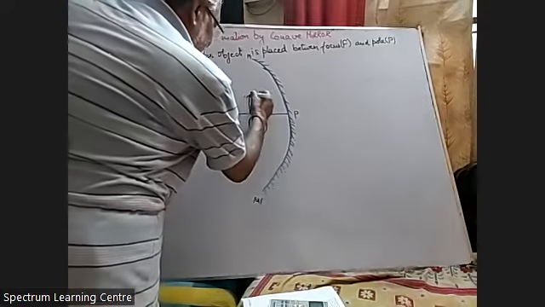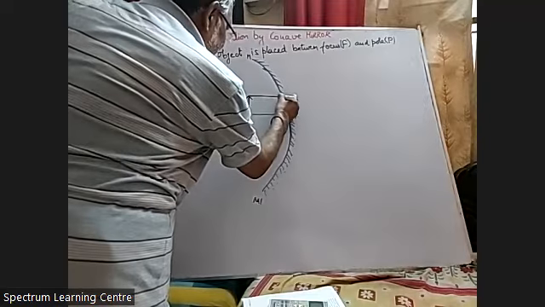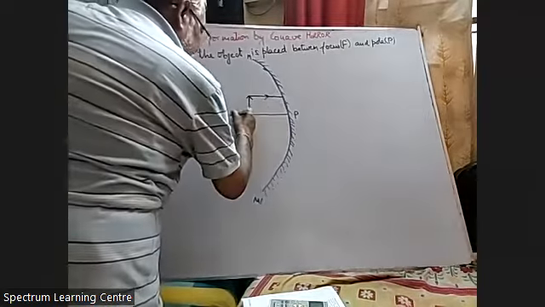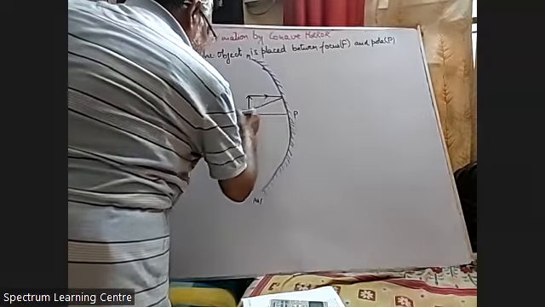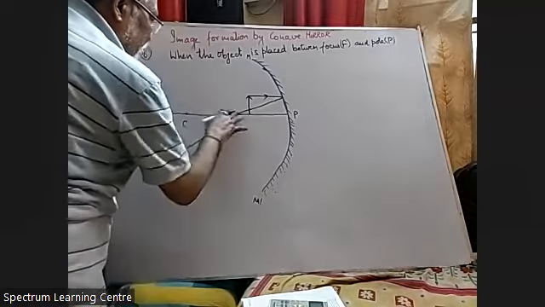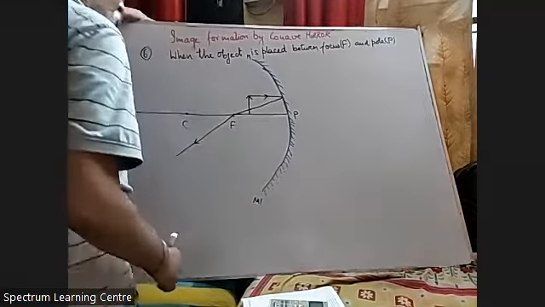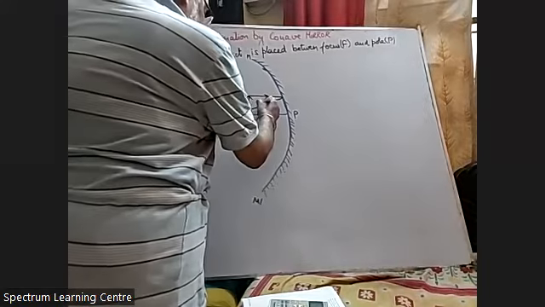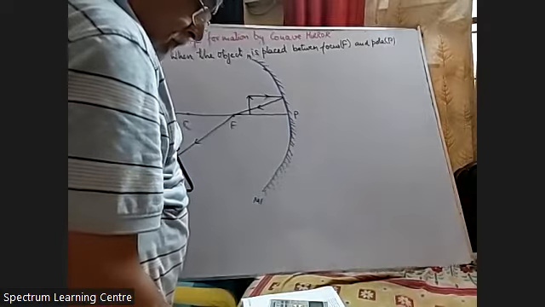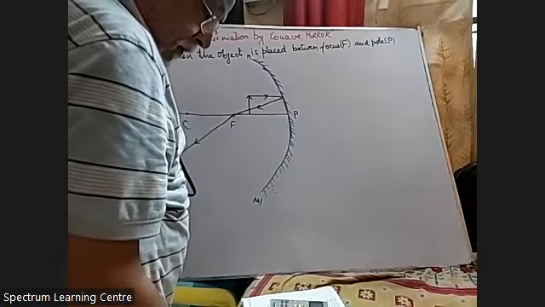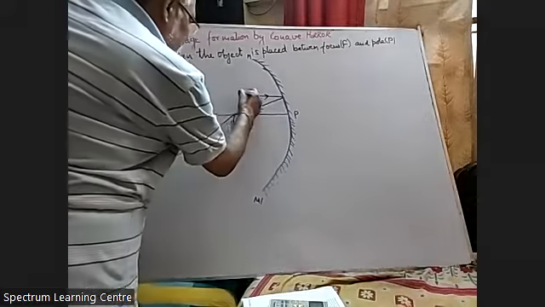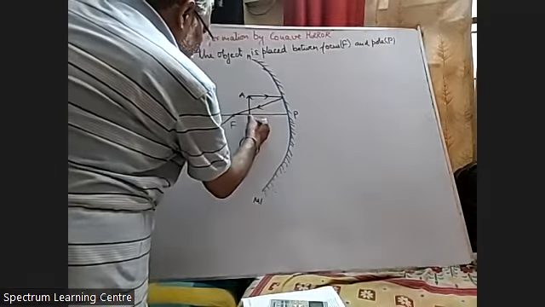Now, if I take a ray parallel to principal axis, it will definitely pass through the focus after reflection. Right? Now, this is A, this is B.